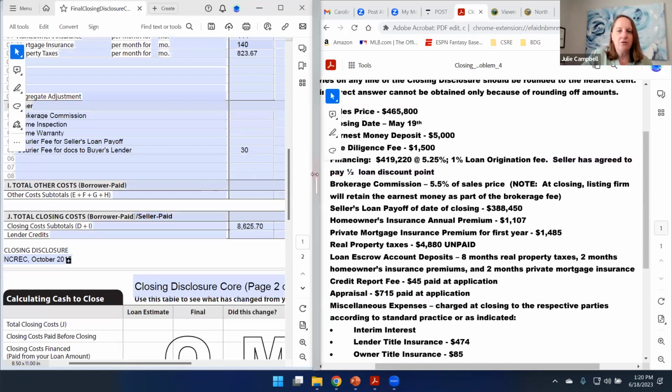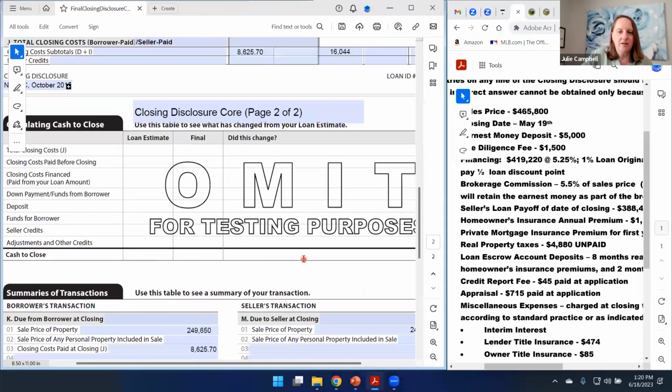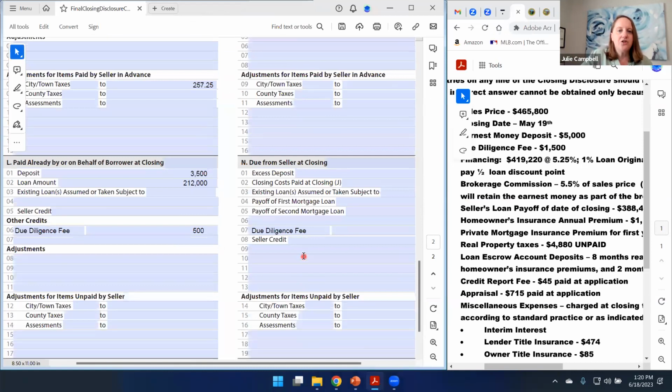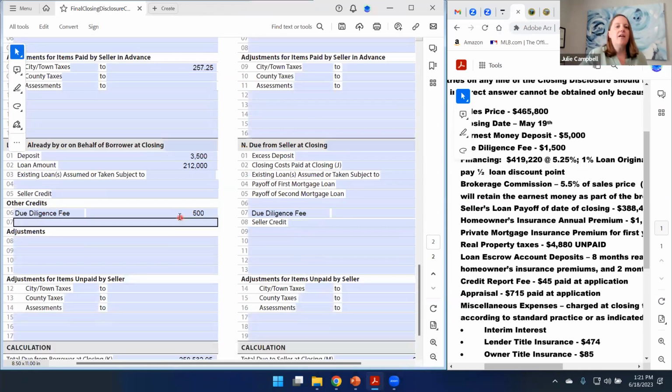And then on page 2, it's going to shake out as a credit to the buyer under L. As a matter of fact, we can put it under L5. And it's also going to be a debit to the seller under N. So N8, N as in Nancy.